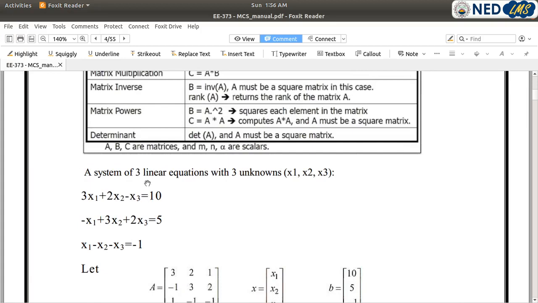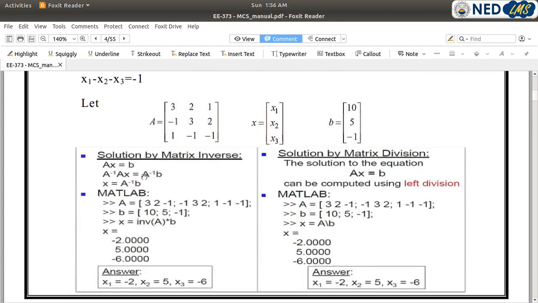Here, a system of three equations is considered, which we usually solve simultaneously to arrive at a solution point. We can solve this system of equations using MATLAB with the following procedure.